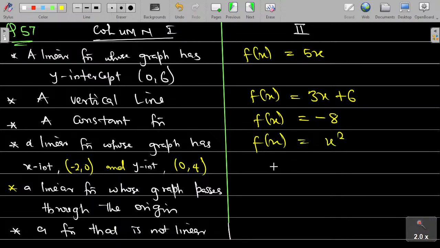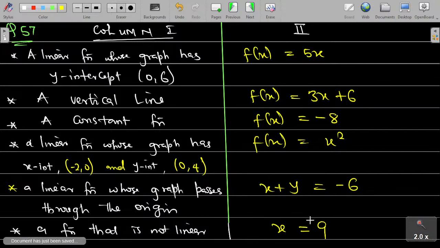Then the next one, sorry, this one is not f of x, this one is x plus y equal to minus 6, and then finally they gave x equal to 9. All right, so now see what the question is saying, that we should match.